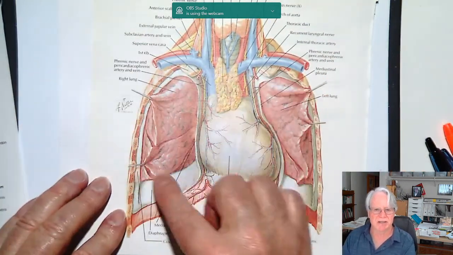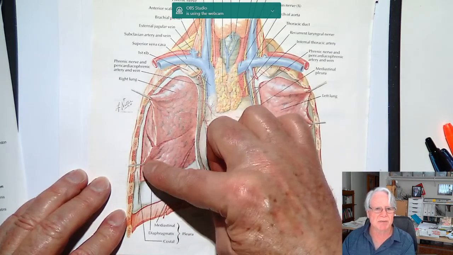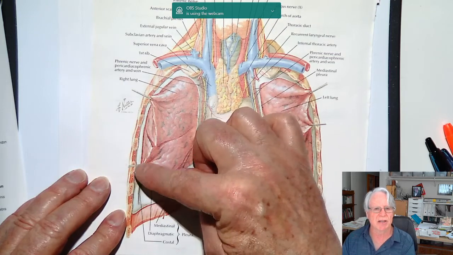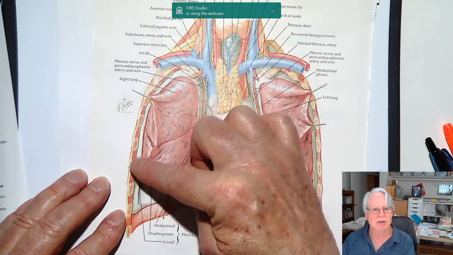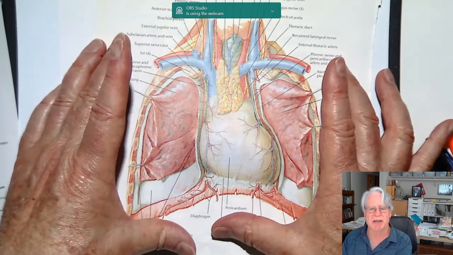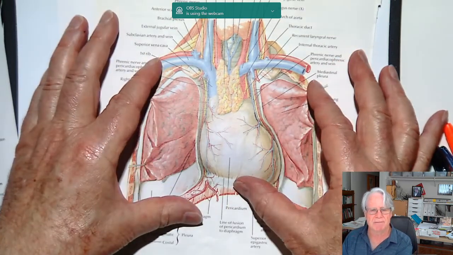So this space is now bigger. And the ribs, as you will learn through a series of different structures, are literally attached to the ribs and to the diaphragm. So when this expands, the lungs expand.